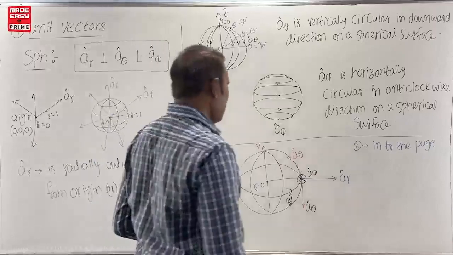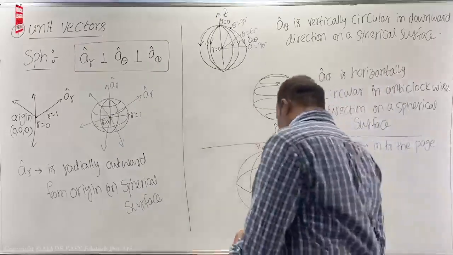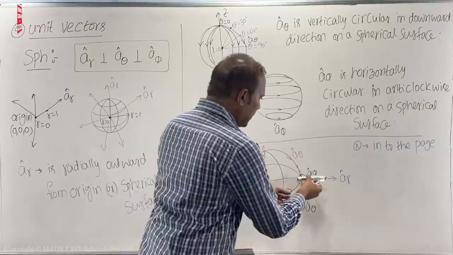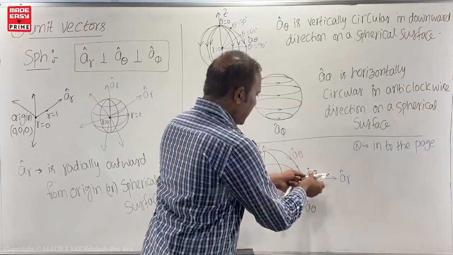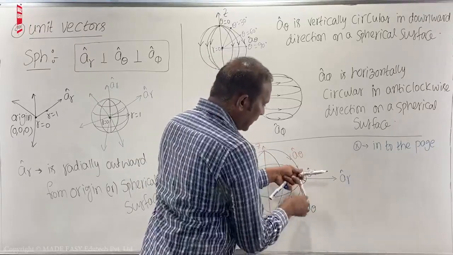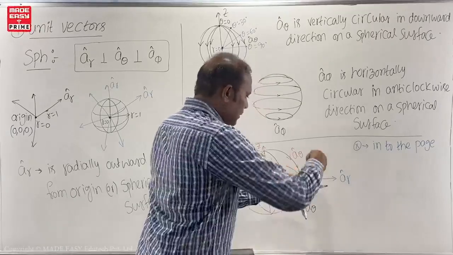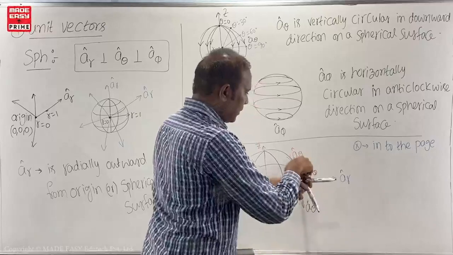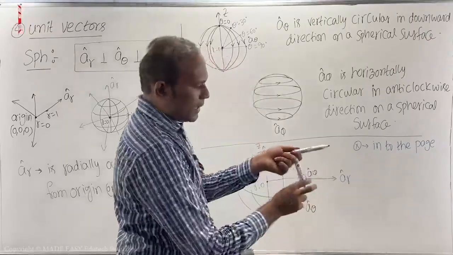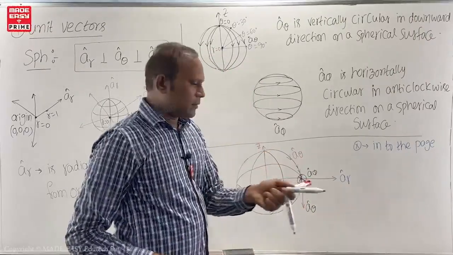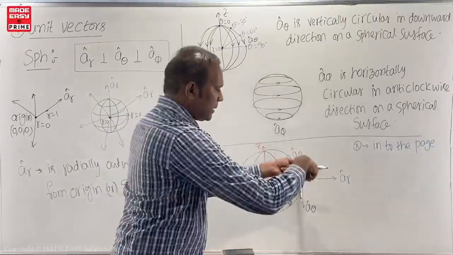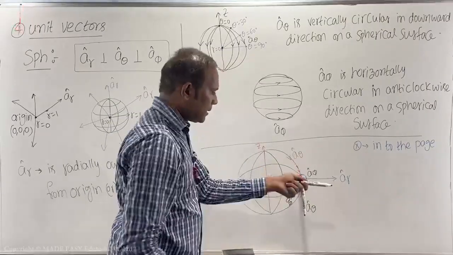Okay. So now ultimately at this location, this is AR cap and this is A theta cap and this one is A pi cap. This one into the board. So like this they are, like this. So into the board that is. So they are always like this. This is AR cap, this is A theta and this is like this.